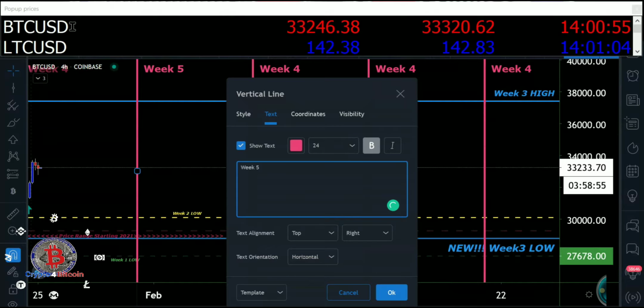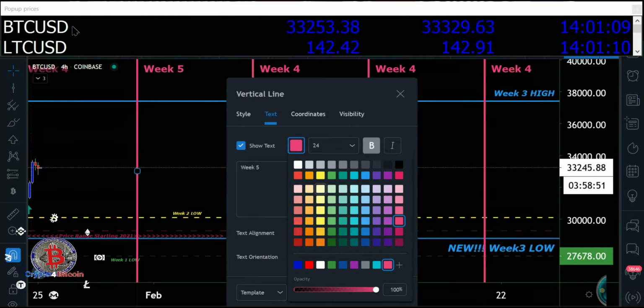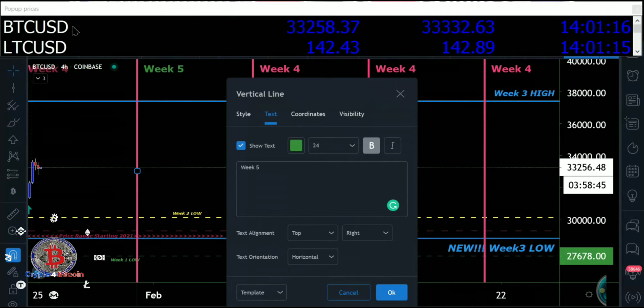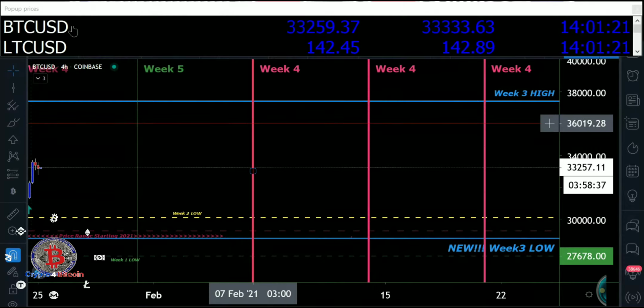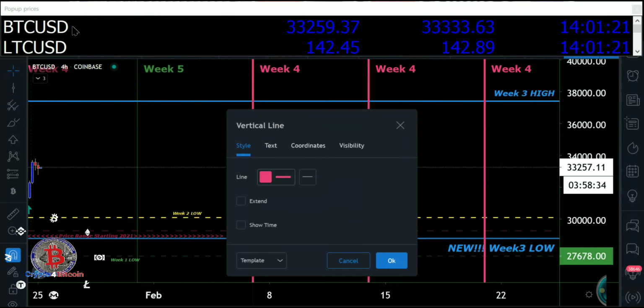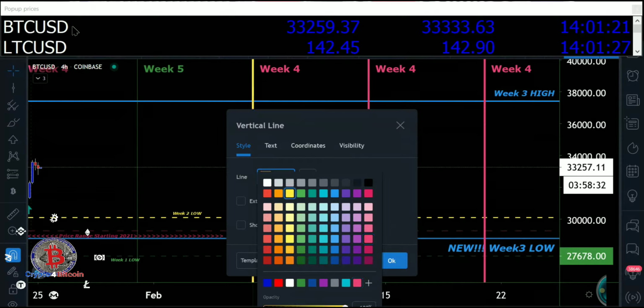Week 5, I'm going to guess at it. I think we go green next. Green, skinny. I think we go yellow.